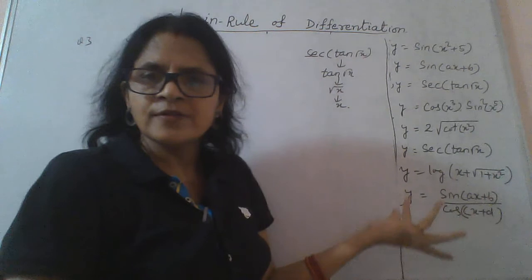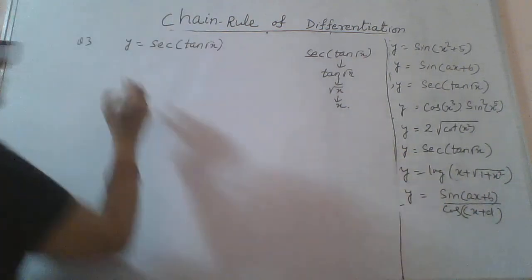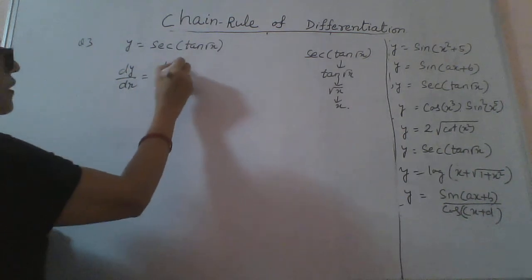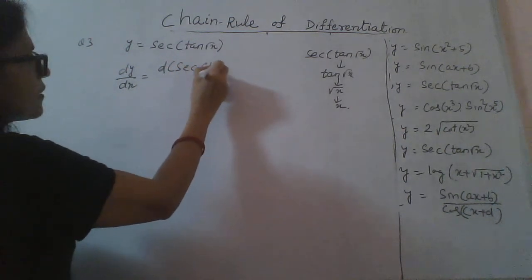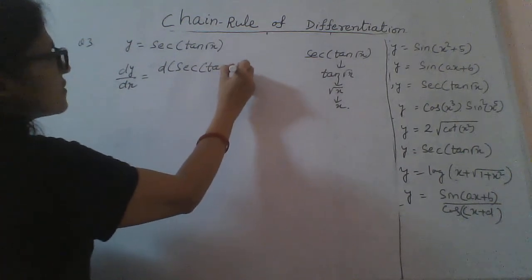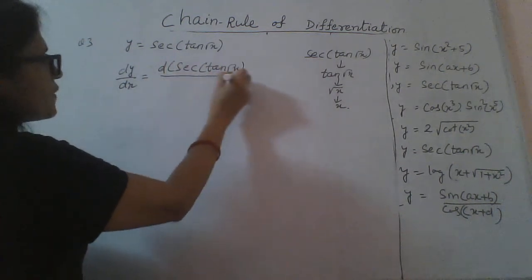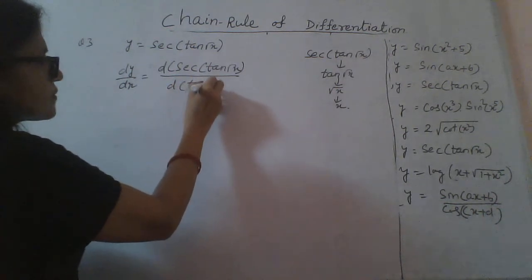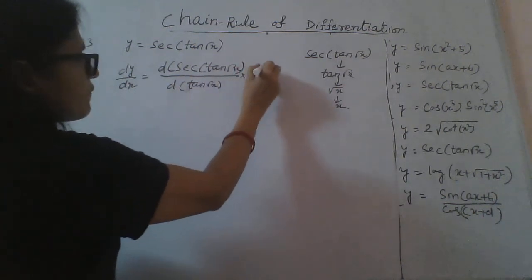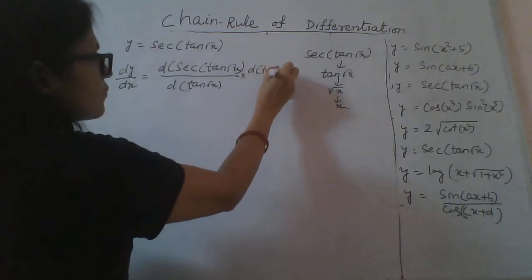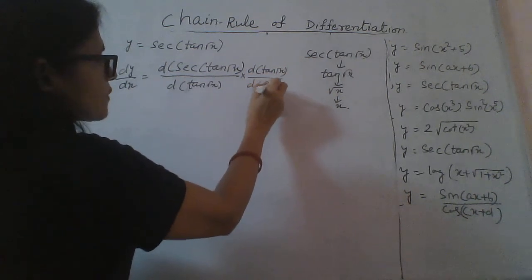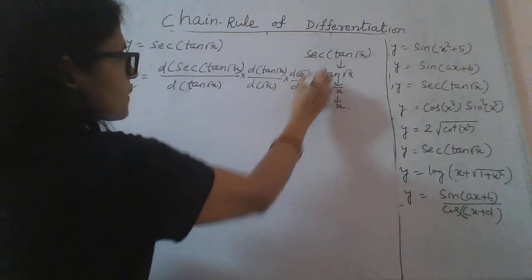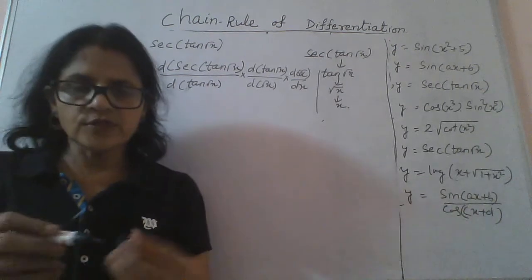Chain rule is very simple. So dy by dx equals the derivative of sec(tan root x) with respect to tan root x, into the derivative of tan root x with respect to root x, into the derivative of root x with respect to x. Okay, so this is the rule we have to see.